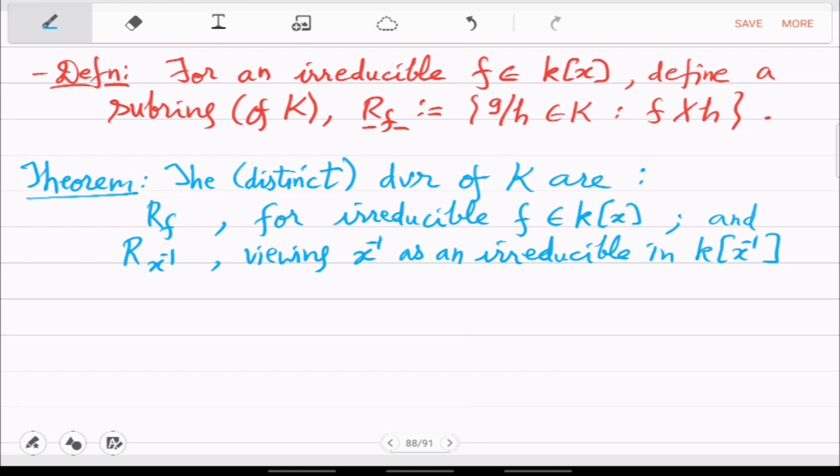So R_x appears in the first type and R_{1/x} appears in the second type. But this is new. It's a different DVR than the above. You can ask here, why can't we use 1 over x minus 1?